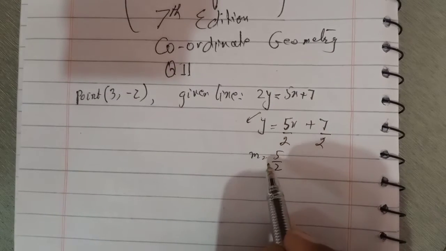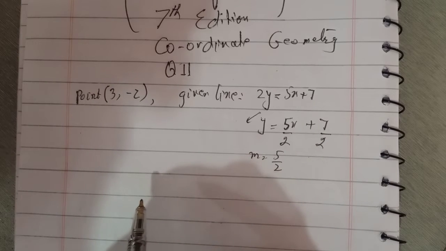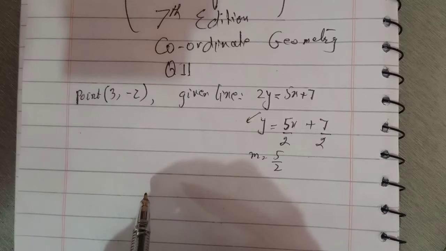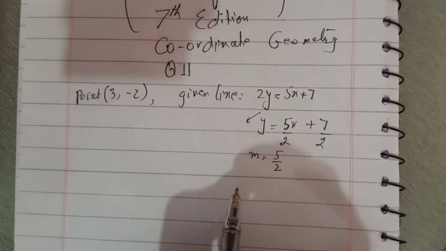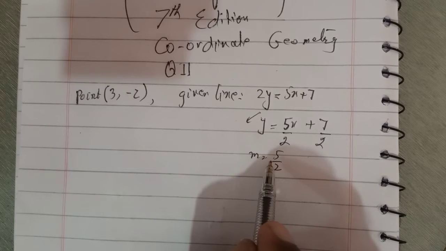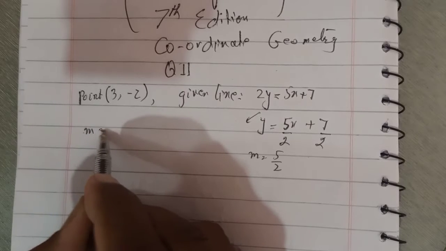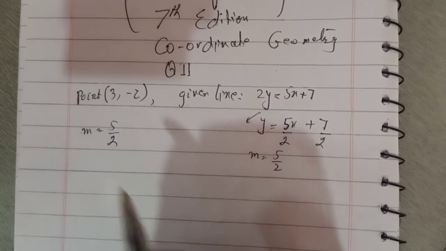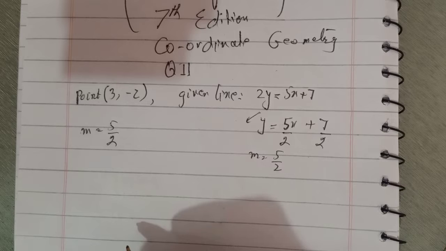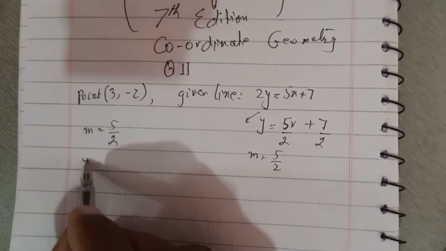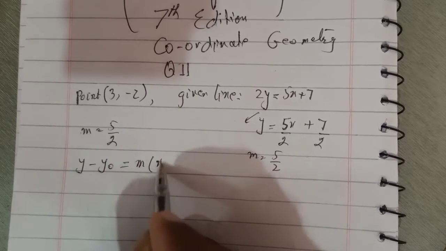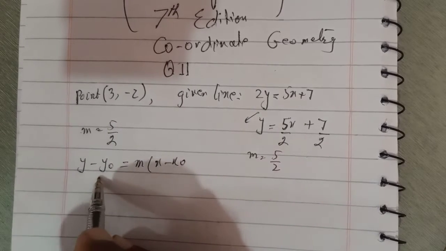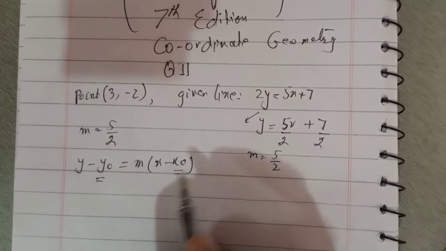So the gradient of this line is 5 by 2, and the line which is in demand has the same gradient as this line. Our required line has gradient equal to 5 by 2. I will solve it by 2 ways. First way, I use the formula y minus y naught is equal to m times (x minus x naught).